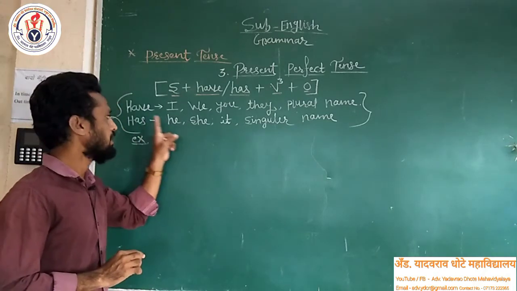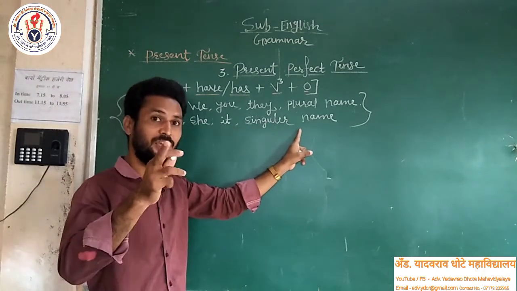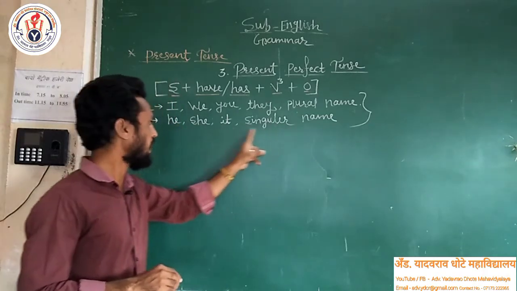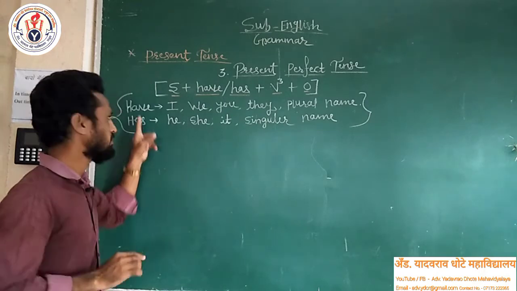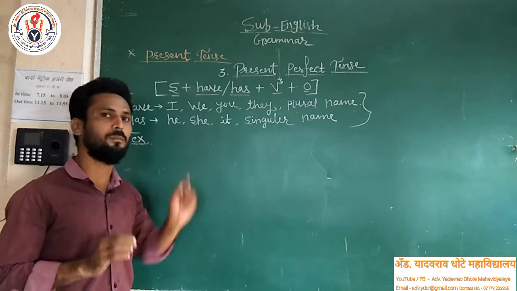Second, has. If the subject is he, she, it and a singular name, for all these subjects we will use has. So in this way, there is a classification on the basis of the use of the to be form in the sentence.